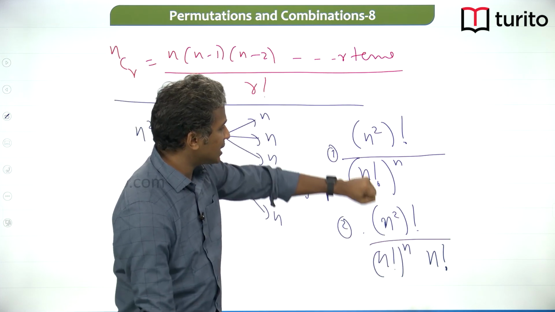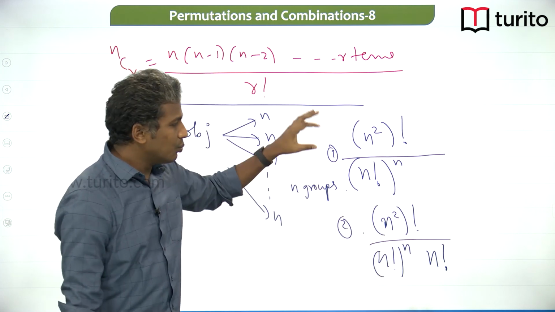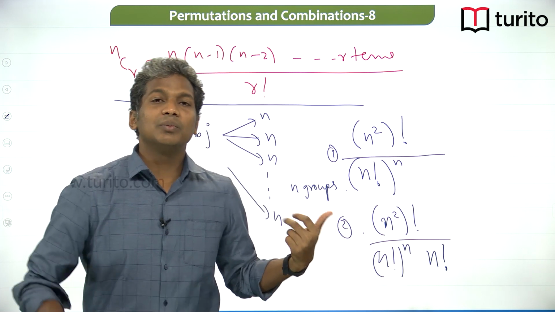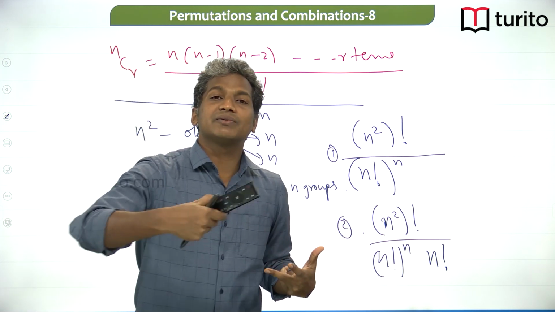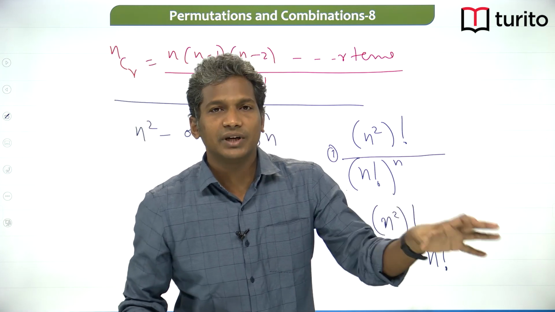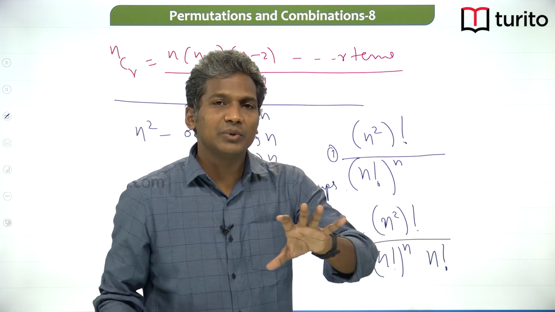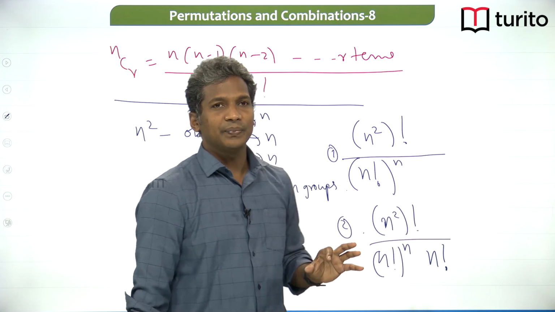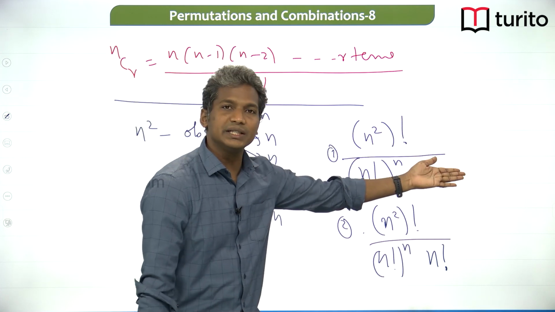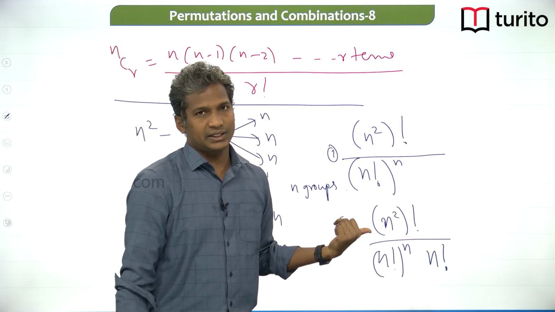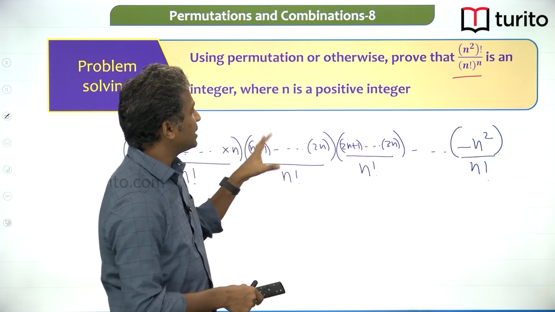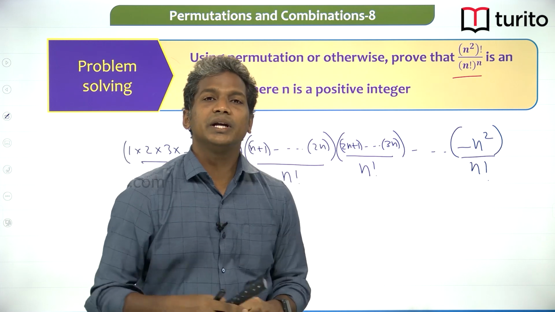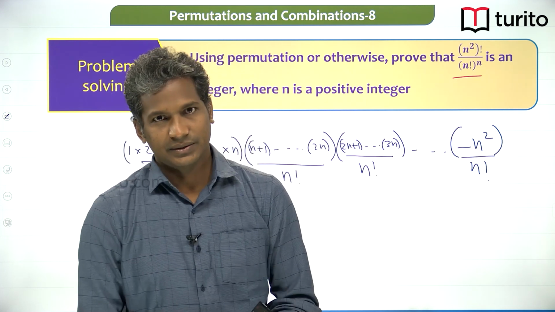Now in this case and also in this case, both cases must be integers, because the number of ways of grouping n square objects into n different groups having the same number of objects has to be a perfect natural number. So this has to be an integer, this also has to be an integer. So using this basic logic, we have proved that this number is going to be a perfect integer.